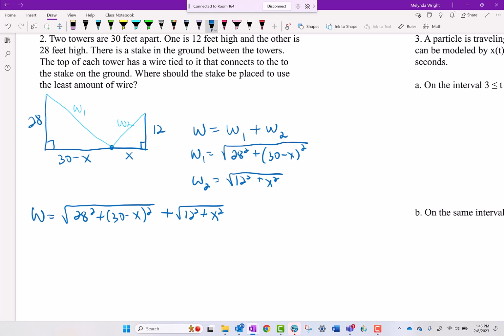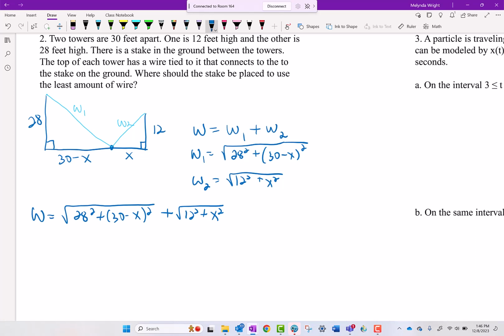First off, you have to write down the formula W. That's non-negotiable. This is an optimization problem, so we need to find our critical numbers. This will also have endpoints, which we'll talk about in a moment. How do we find critical numbers? We take the derivative.